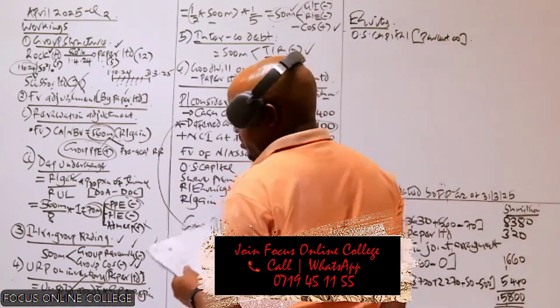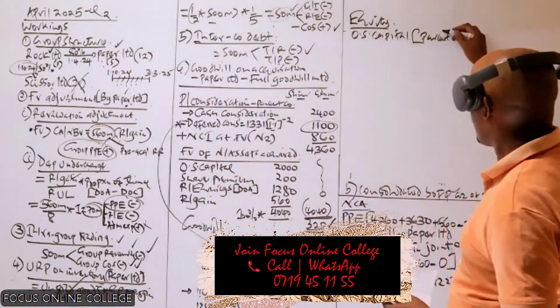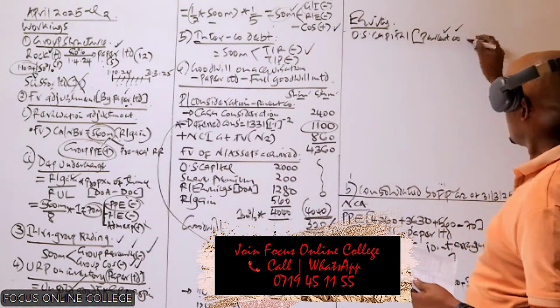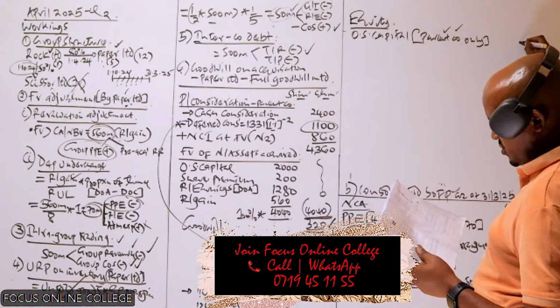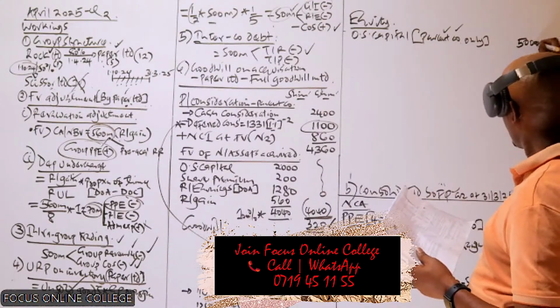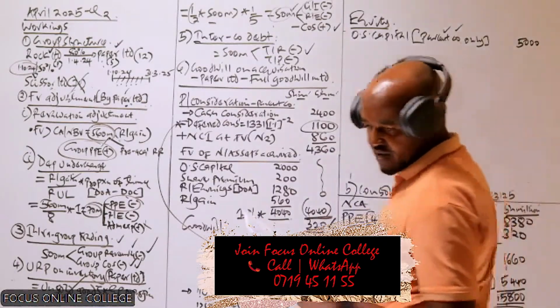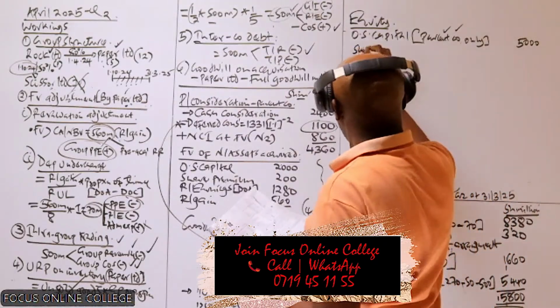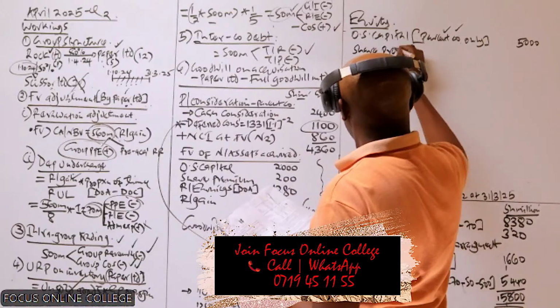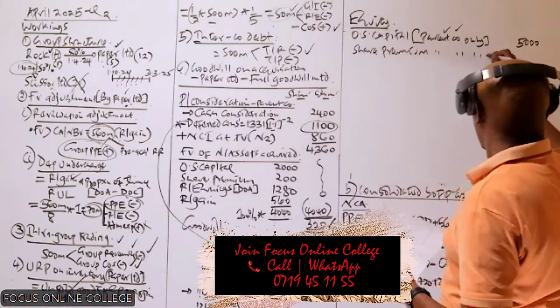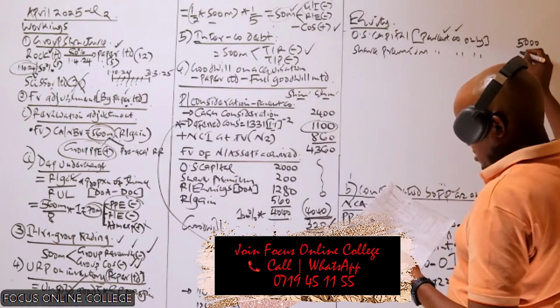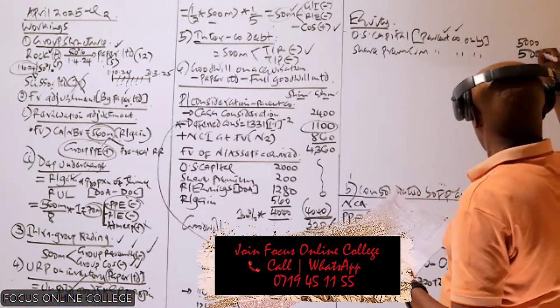We only include the ordinary share capital of the parent company only, which is 5,000. Below that, we have share premium. Equally, for the share premium we include that of the parent company only, which is 500.